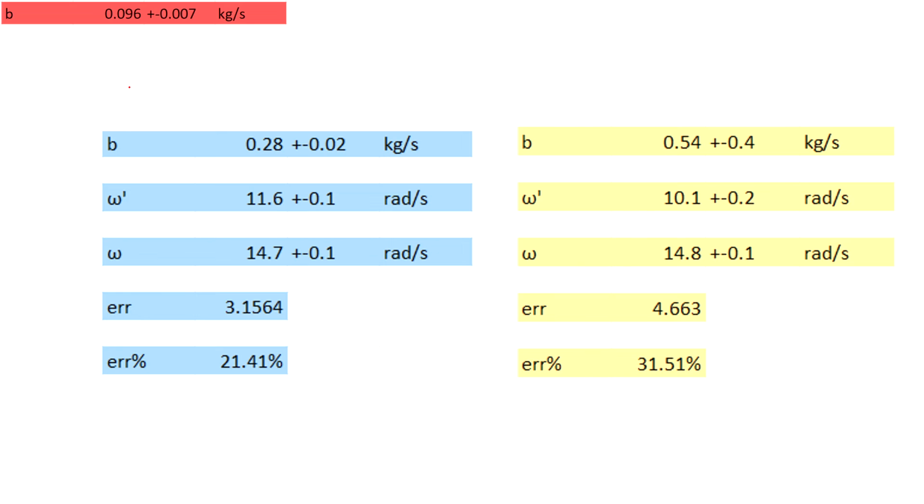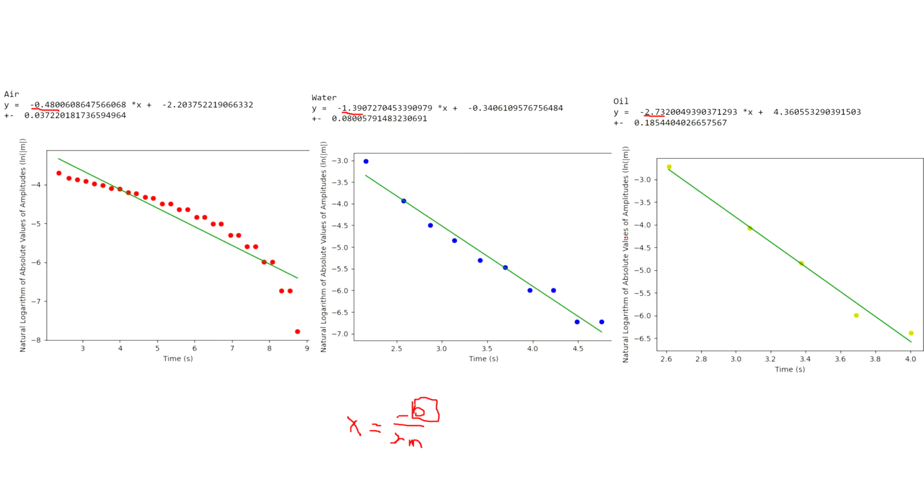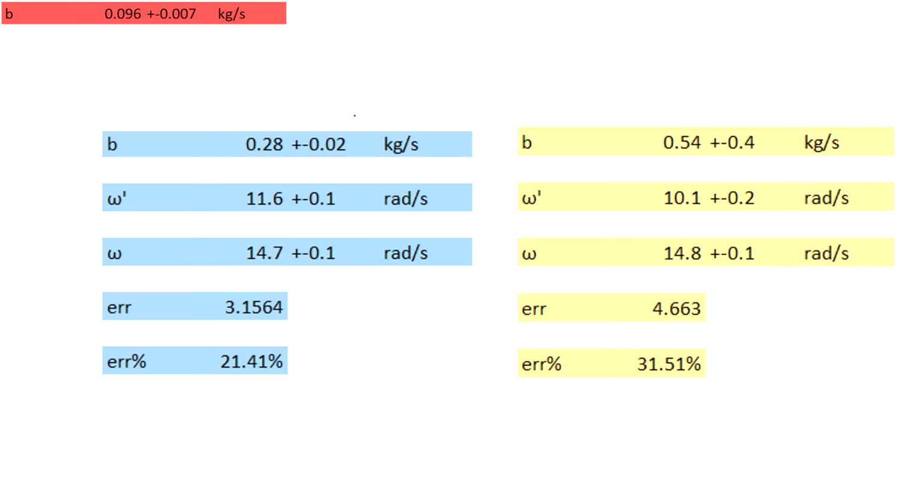You can see here in the top left corner the value of the damping constant of air. There are no more values because, as you saw in the previous graph, air is not well represented by these formulas, so there is no use going further with the equations and getting more values if they are not accurate. But for water and oil, we can compare them.